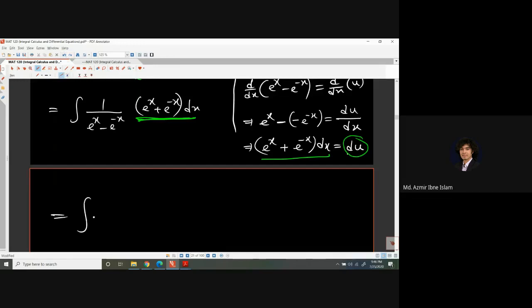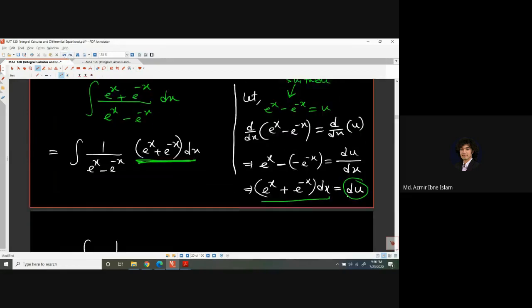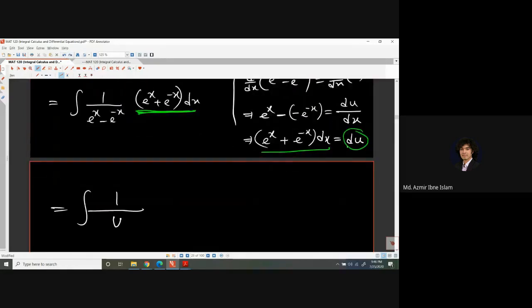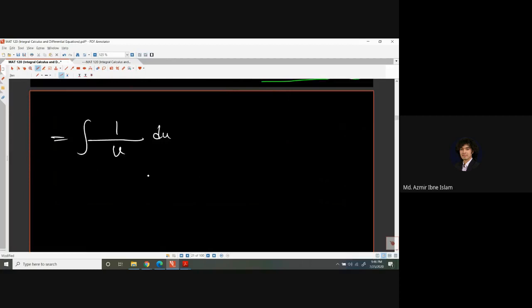Now at first replace the lower part by u, we have considered it is u, and this one is becoming du. So now you know there is a common formula: integration of 1 over x dx is equal to natural log, that is ln mod x.